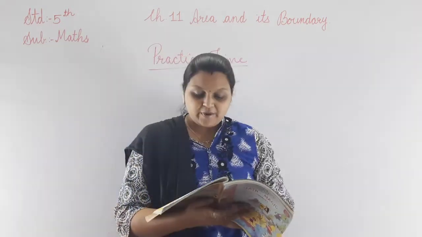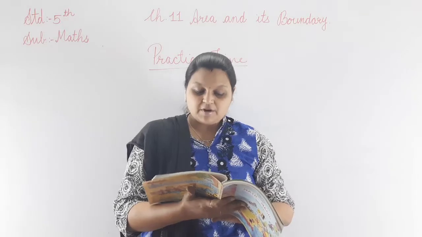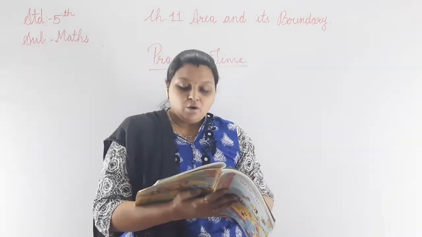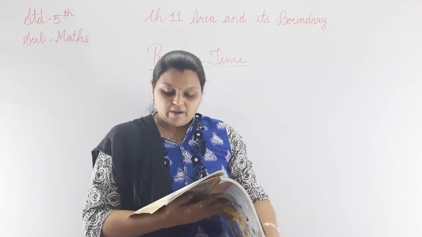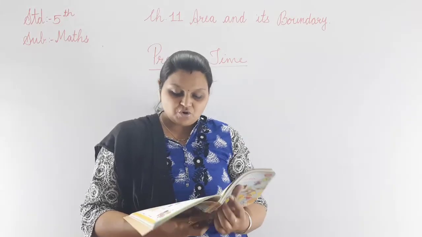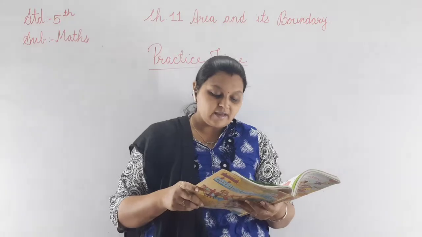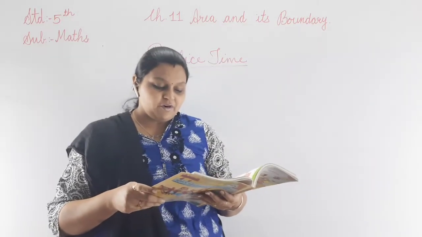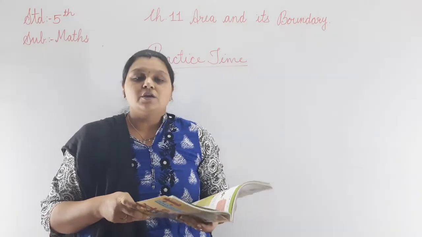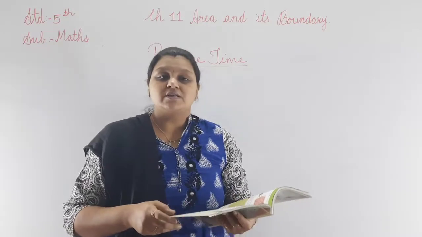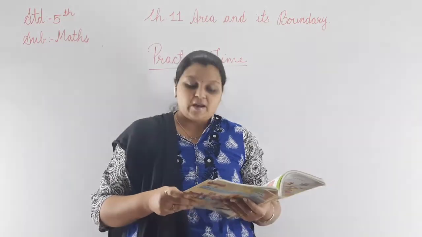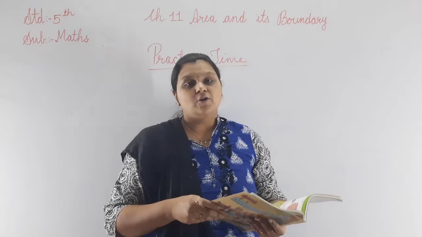Now we will move to practice time, page number 153. Look at the table. If you were to write the area of each of these, which column would you choose? Make a tick. Now here different items are given to you. You have to say whether you will measure in square centimeter, square meter or square kilometer.